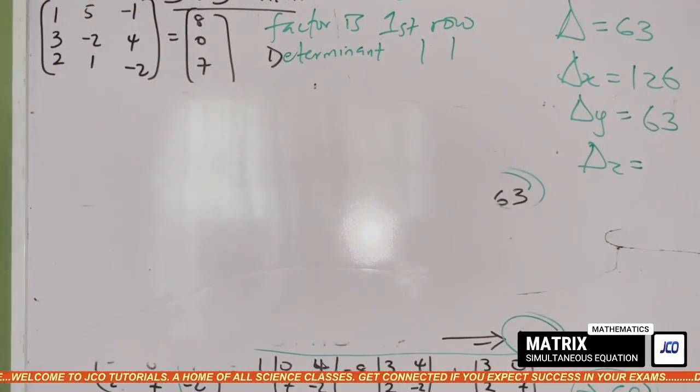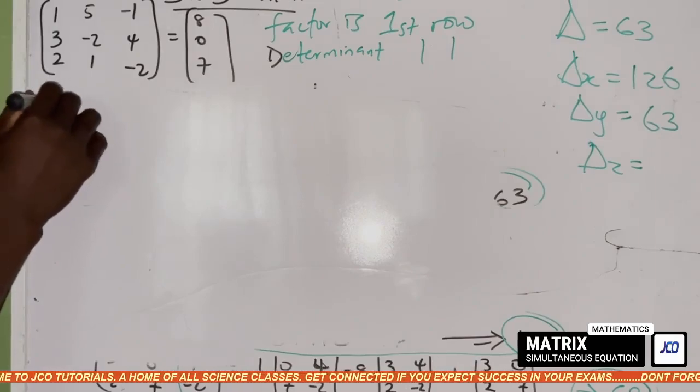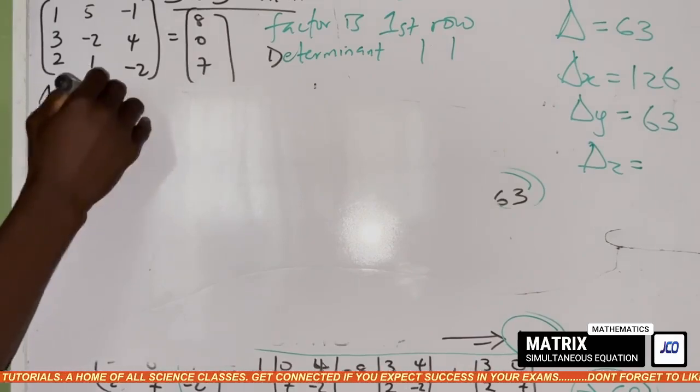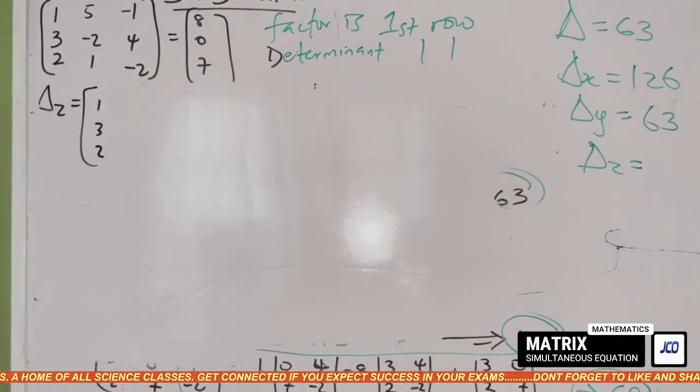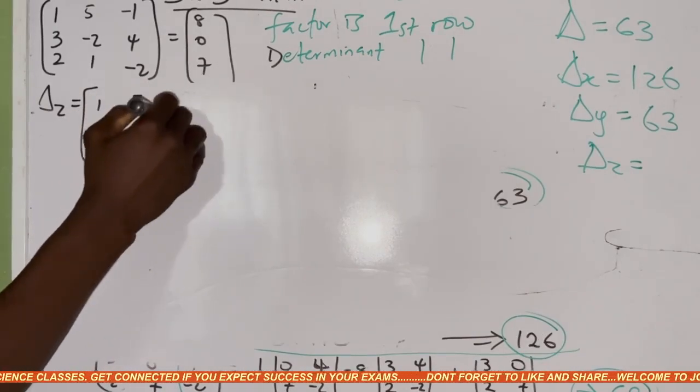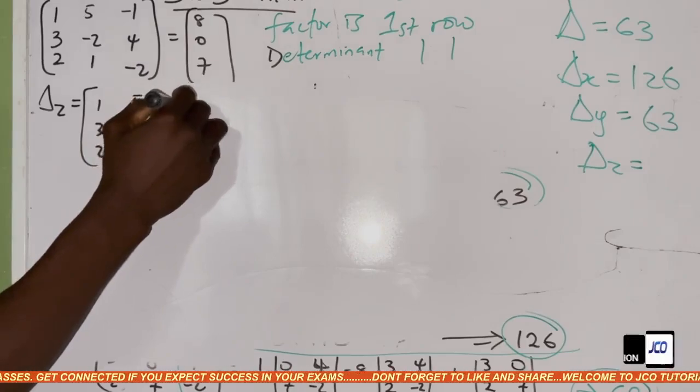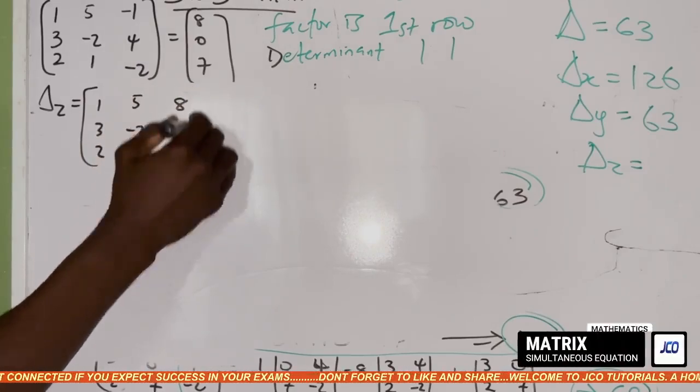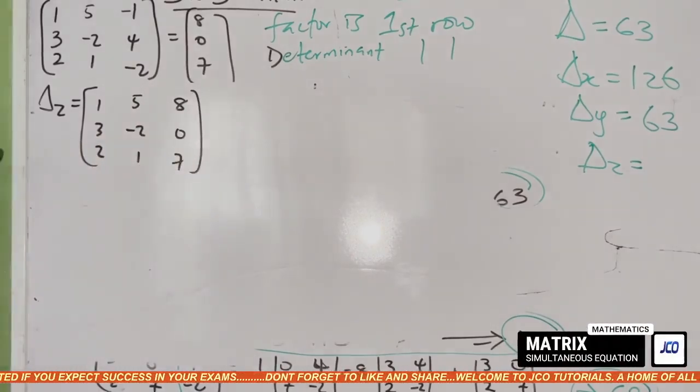Let's go on. So you have 1, 3, 2. You have here 5, minus 2, 1, 8, 0, and 7.